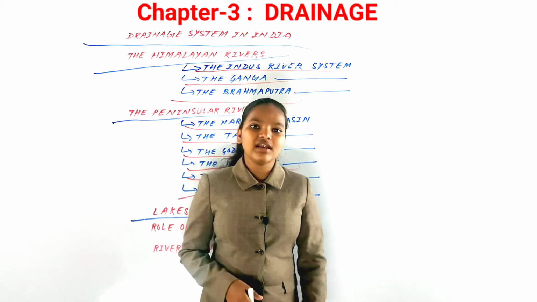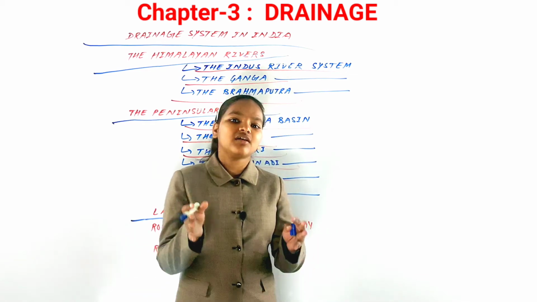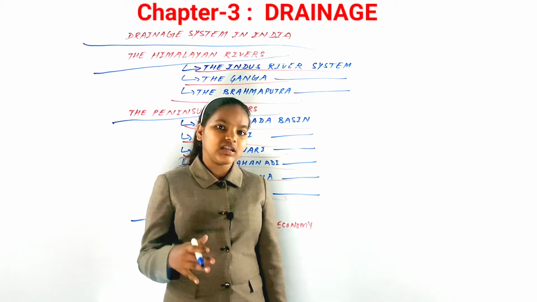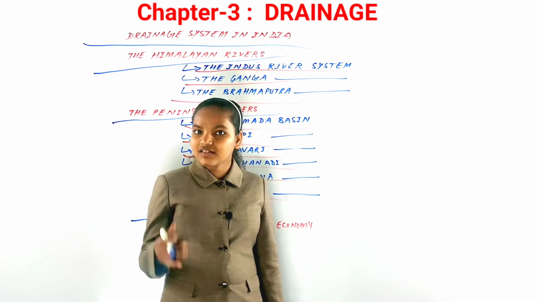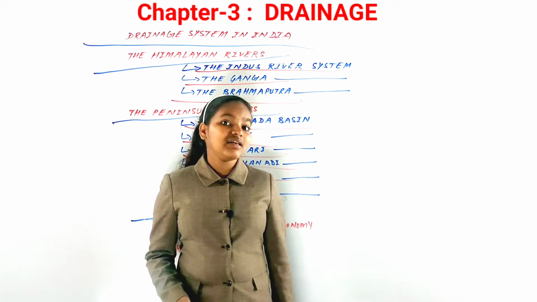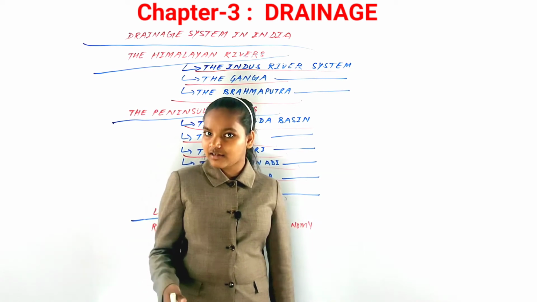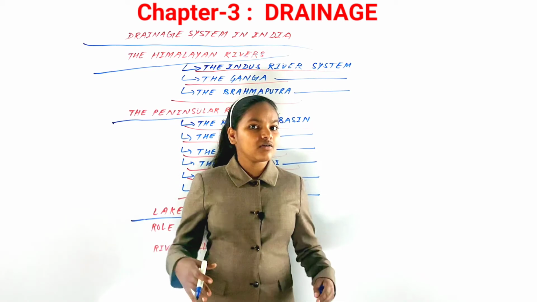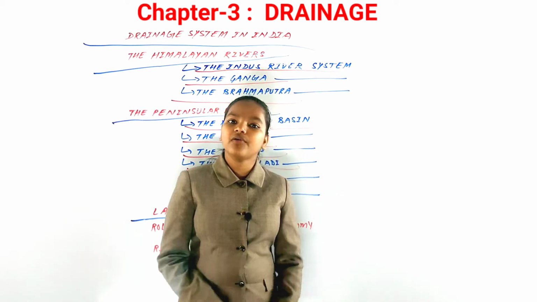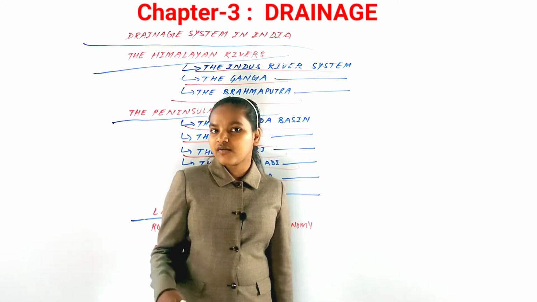As all of you know, there are many lakes in our country, like the Dal Lake in Kashmir, and in Kashmir there are many other lakes. Now lakes can be formed by nature, and there are artificial lakes as well. Artificial lakes are those that are used for reserving the water of a river.